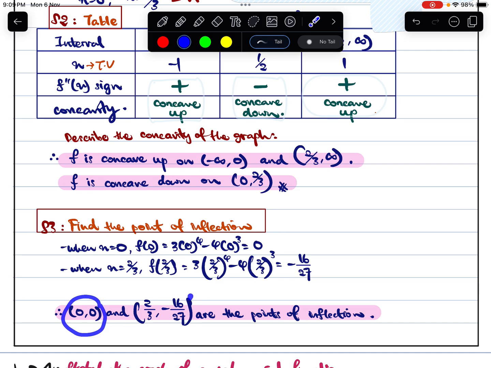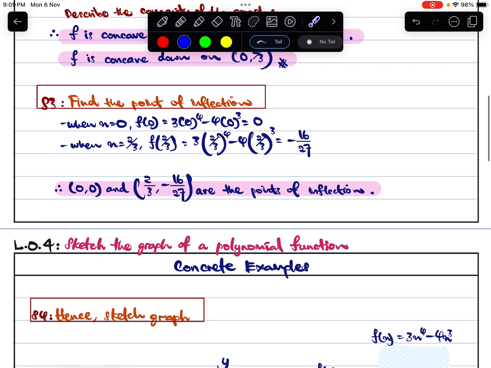You're saying that these 2 points are the points of inflection. There you go, you get 1 mark for listing out both coordinates. Yeah, both coordinates are important. Don't just stop here. You must come up with its coordinate.